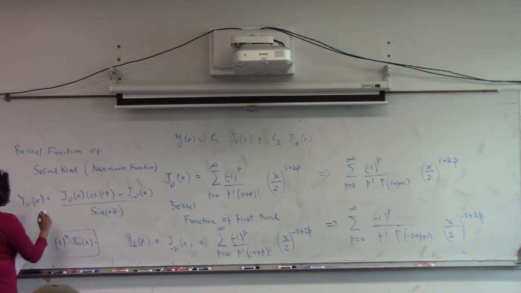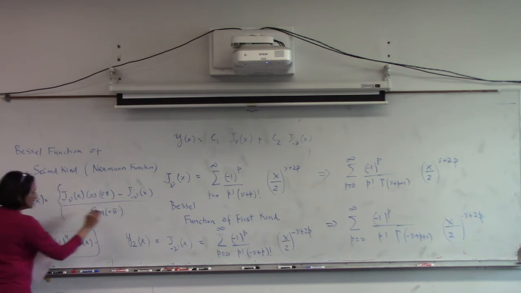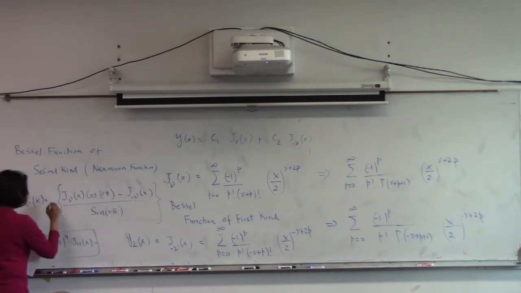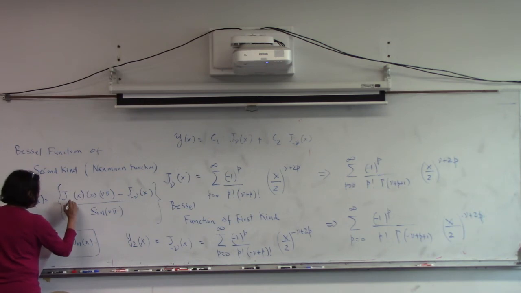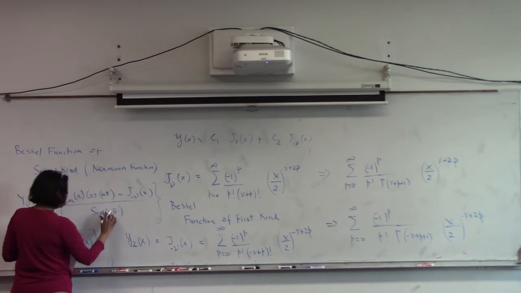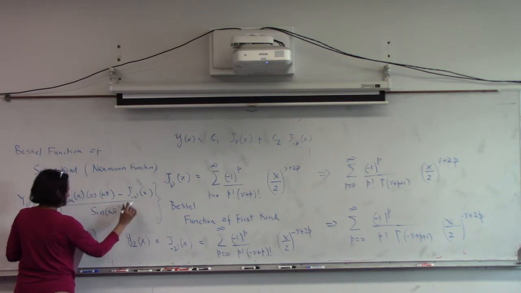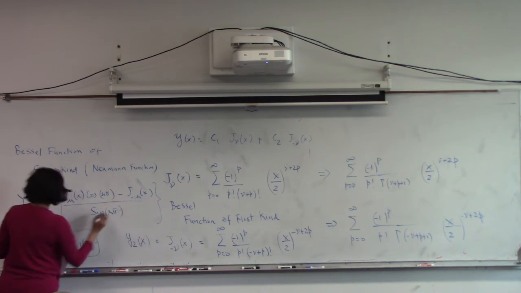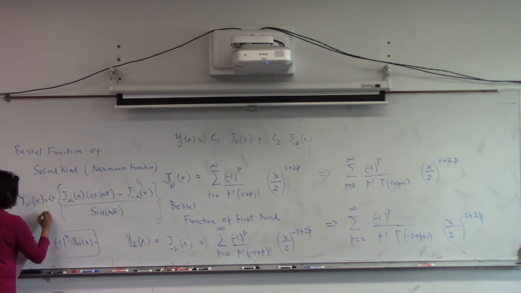To get the second solution, they don't put nu exactly equal to an integer, but they propose a solution like this, with the limit of nu tending to n.